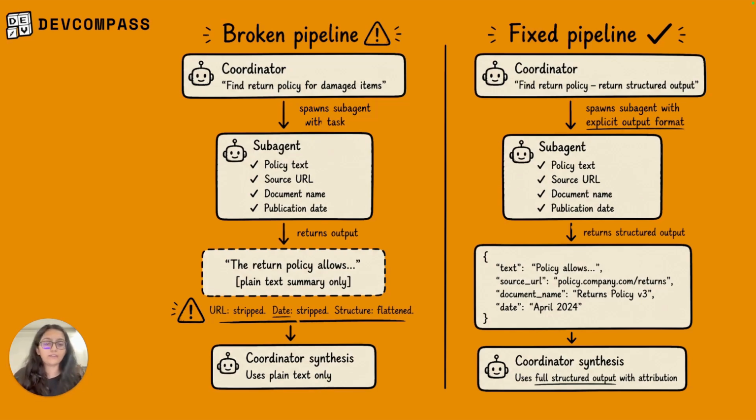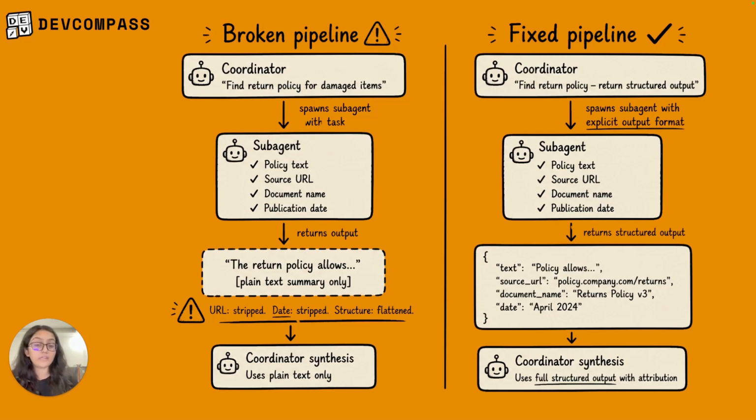Now look at the right diagram, which is the fixed version. Same pipeline, same sub-agent task, but now the sub-agent is explicitly instructed to return a structured object, not a plain text summary. The output contains the policy text and the source URL, the document name, the publication date. Every piece of provenance is explicitly preserved in the return value.